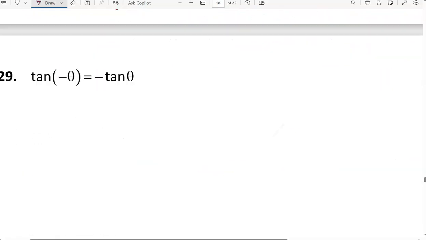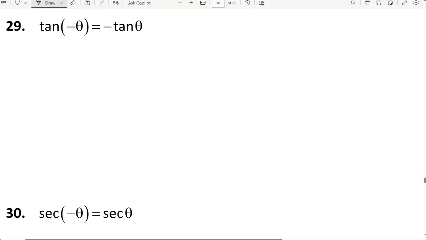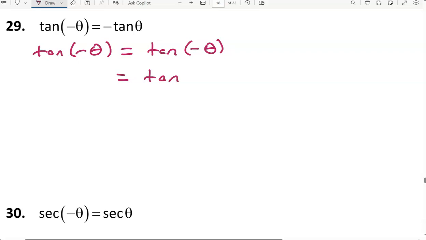All right, on the next page, proving that the tangent of the opposite of theta is equal to the opposite of the tangent of theta. Let's start with tangent of the opposite of theta is equal to the tangent of the opposite of theta. And now we can transform the right. The opposite of theta is the same as 0 minus theta. Now we can use an identity for tangent of a minus b.